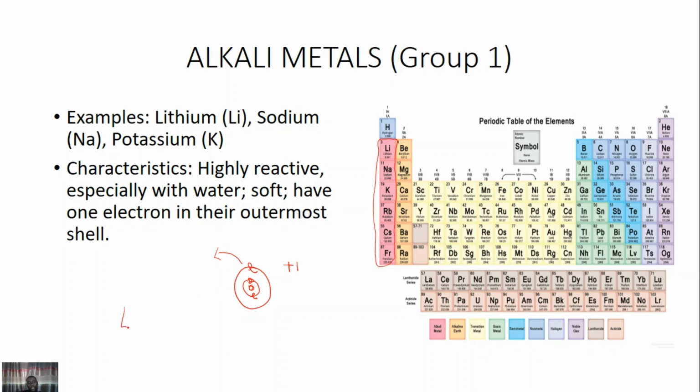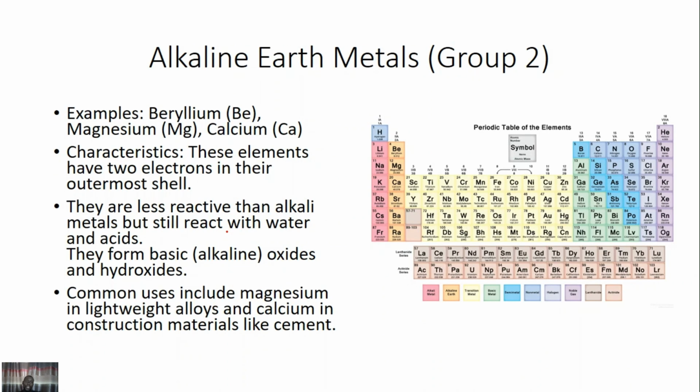For example, lithium loses its electron and becomes a lithium ion, which has one positive charge. They become positively charged because they lose a negative. Don't forget that the number of electrons and protons in an atom are the same. So when an atom loses an electron, there will be excess protons in the nucleus of the atom. Therefore, they become positively charged.